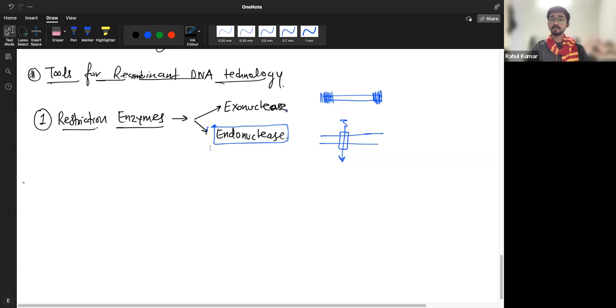And endonucleases can make a cut at specific positions. They also don't cut randomly anywhere in the middle, but at specific positions within the DNA. Not at the ends, but within the DNA. Okay, so that's the difference.